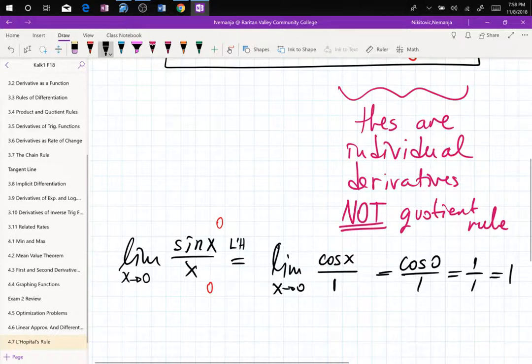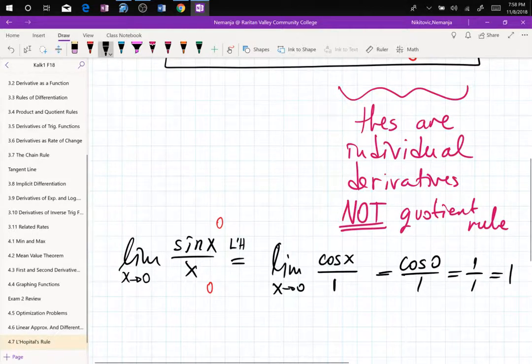This is L'Hopital's rule. I'll give you also an example for infinity. Now, what is actually the issue with the lecture? There are many other forms that you can transform into this. When you have multiplication of the two, 0 times infinity, infinity minus infinity, 1 raised to infinity, 0 raised to infinity, 0 raised to 0.